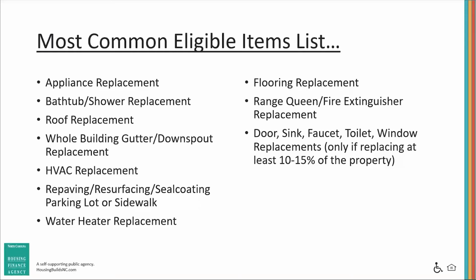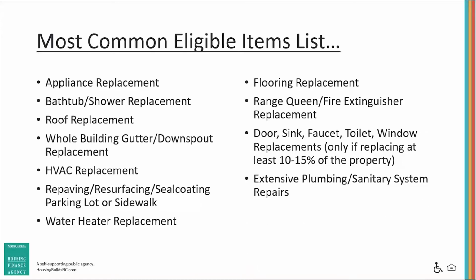Things like doors, sinks, faucets, toilets, and windows are only eligible if you are replacing 10 to 15% of the entire property. They are not eligible if you're just doing one unit or one door, one sink, one window. It has to be 10 to 15% of the entire property.